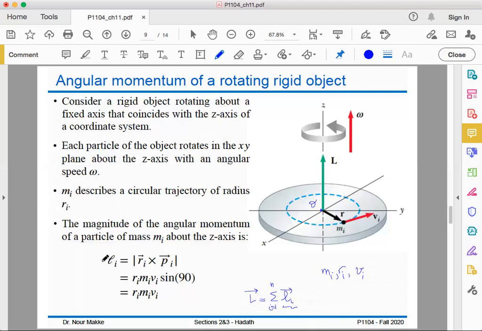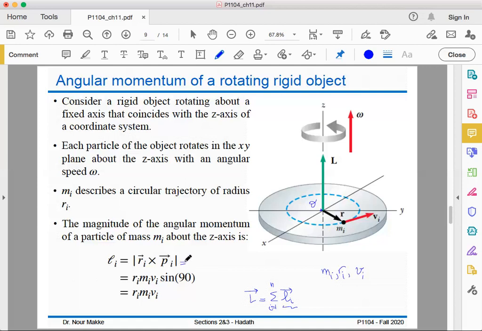From the definition of the angular momentum of a particle, we know that Li is equal to the vector product between the position vector of the particle, Ri, and the linear momentum of the particle, Pi. Here we are talking about the magnitude, so I have just taken the magnitude of this cross product.